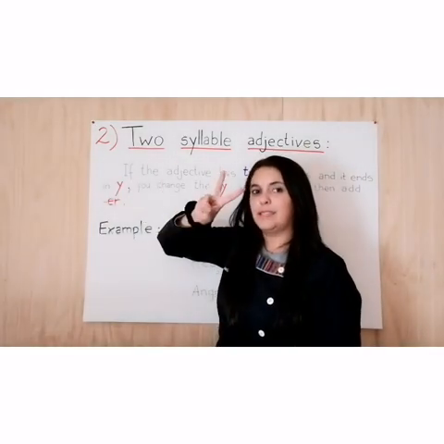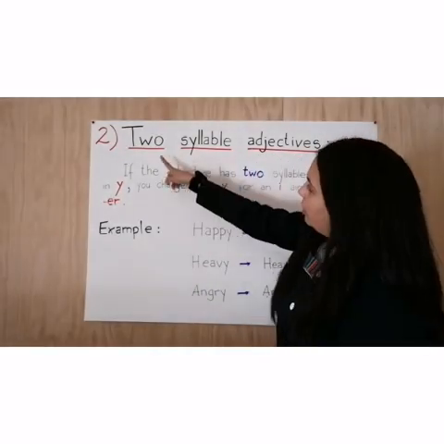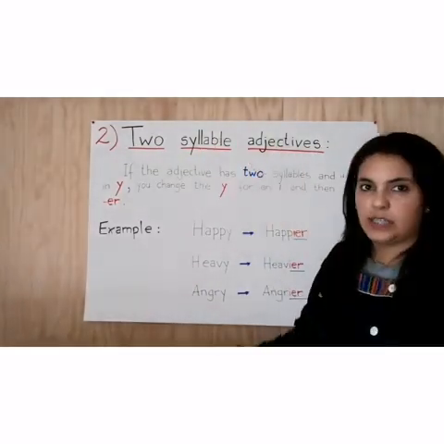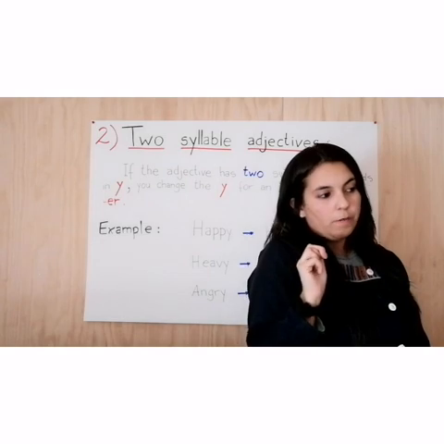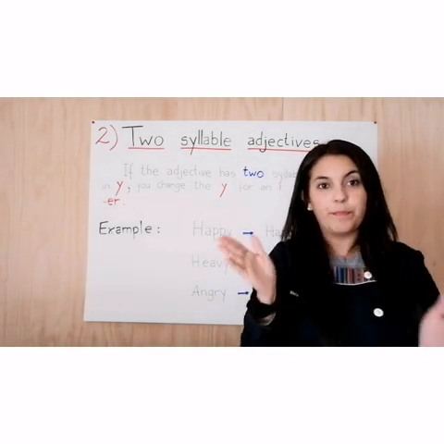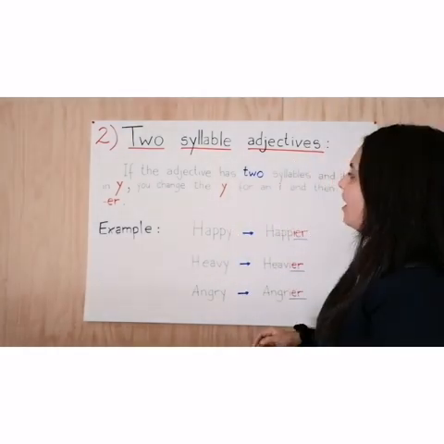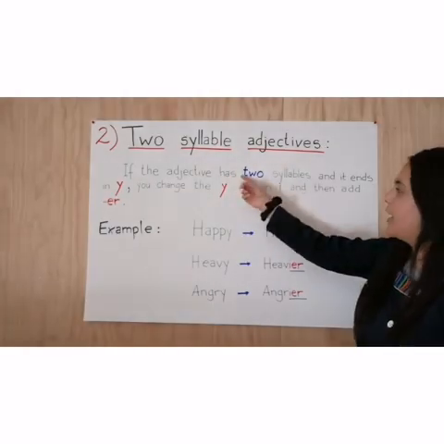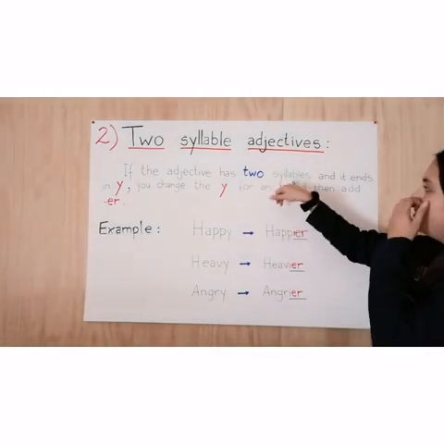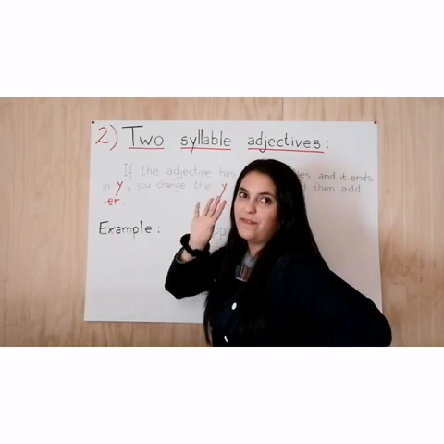This is the second rule. Two syllable adjectives, two syllables. For example, perro, we have two syllables. If the adjective has two syllables and it ends in Y, this is very important.